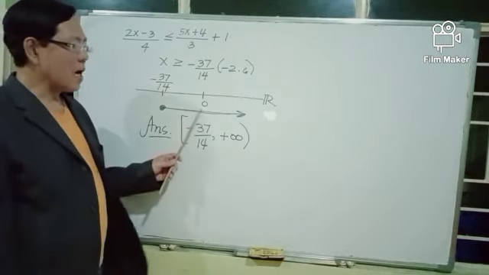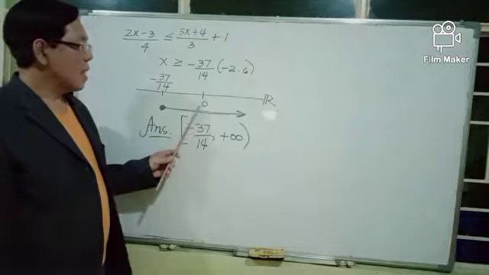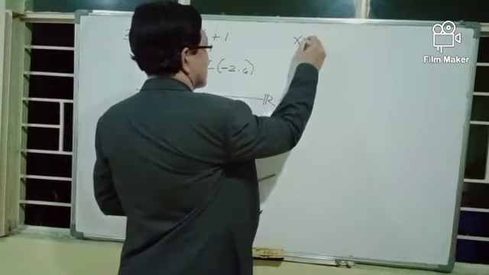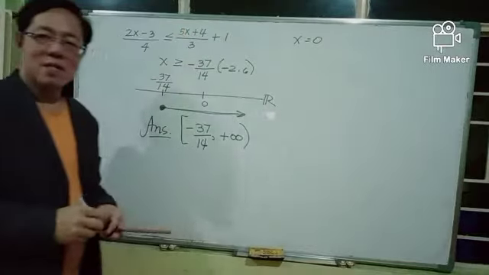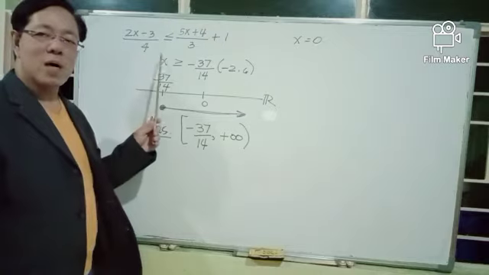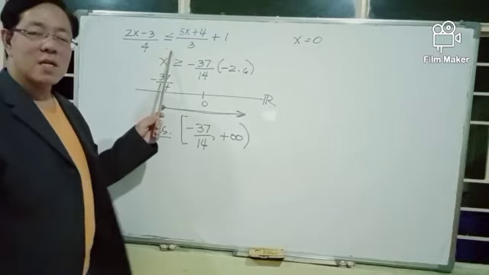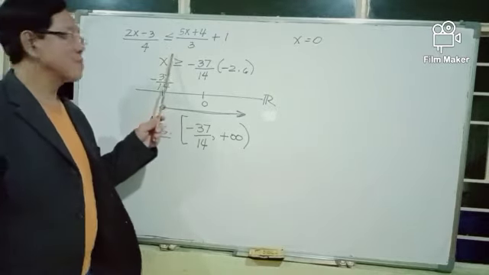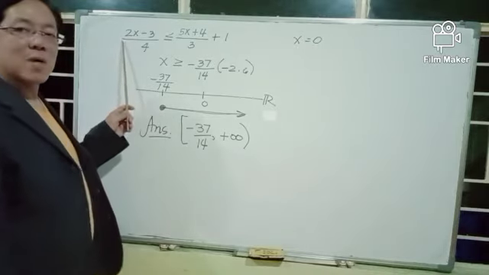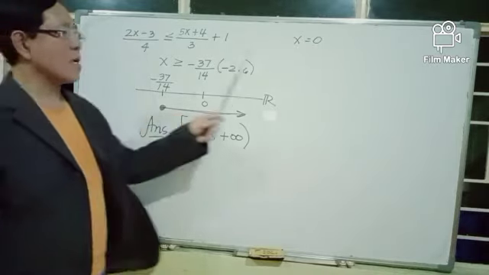And to simplify, I will take 0. And when x is 0, you substitute x is 0 in the given linear inequality, and you check if the inequality will be satisfied. You replace x with 0 at the left hand side. We have 2 multiplied by x. X is 0.